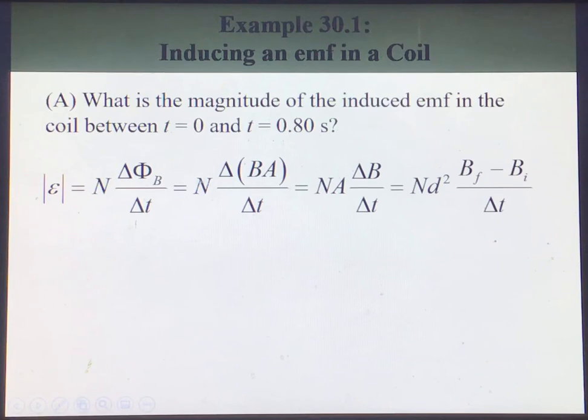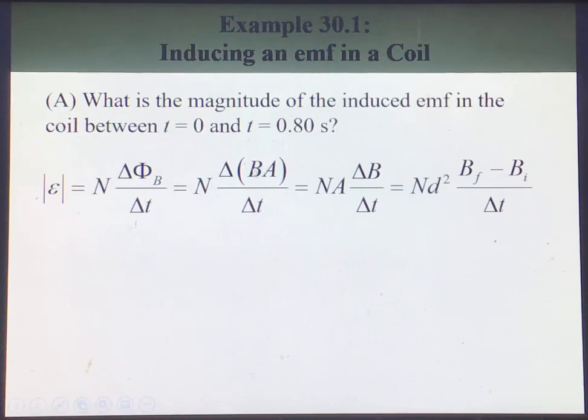When I calculate the magnitude of the induced EMF, you just take the number of turns and multiply by the change in the magnetic flux with respect to time. In this example, because the magnetic field is parallel to the area vector, the cosine of 0 is just equal to 1.